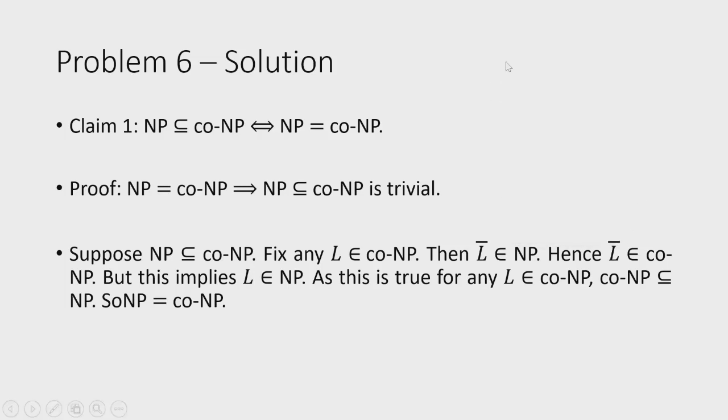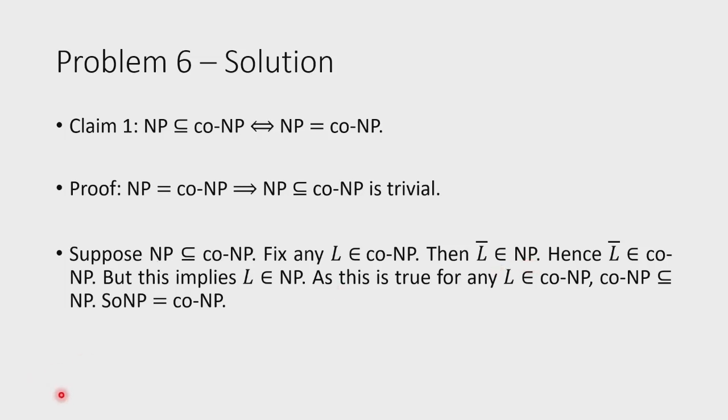What do we know? We know that NP is contained in co-NP. That was our assumption. So that would mean that L complement is also contained in co-NP, because it's contained in NP.